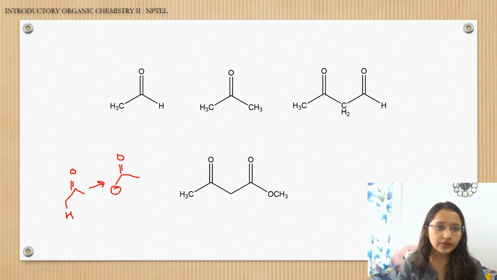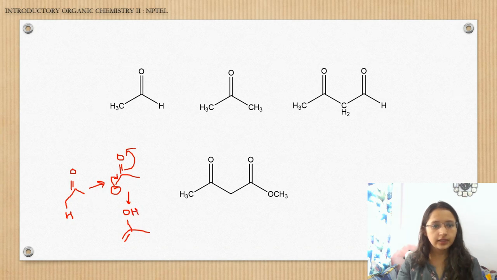So this anion can delocalize with this particular ketone. And what forms here is known as enol. This is en and this is ol. So this is what we call an enol system.